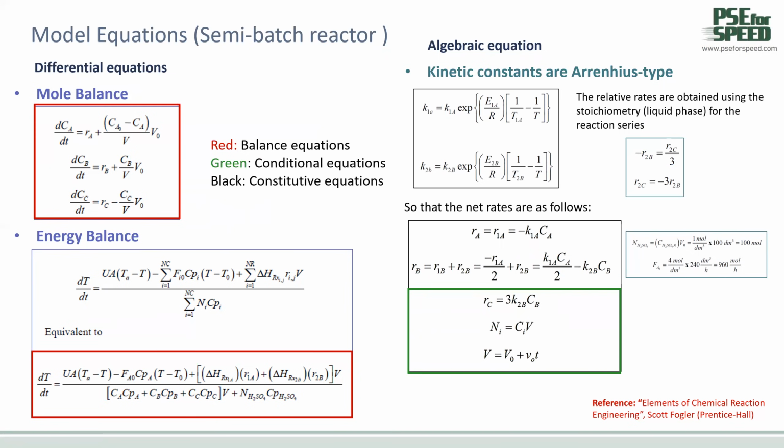The other equations are algebraic equations, in the green and black boxes. The equations in the black boxes we classify as constitutive equations, and the equations in the green box we classify as conditional equations or defined equations. So this is the model.